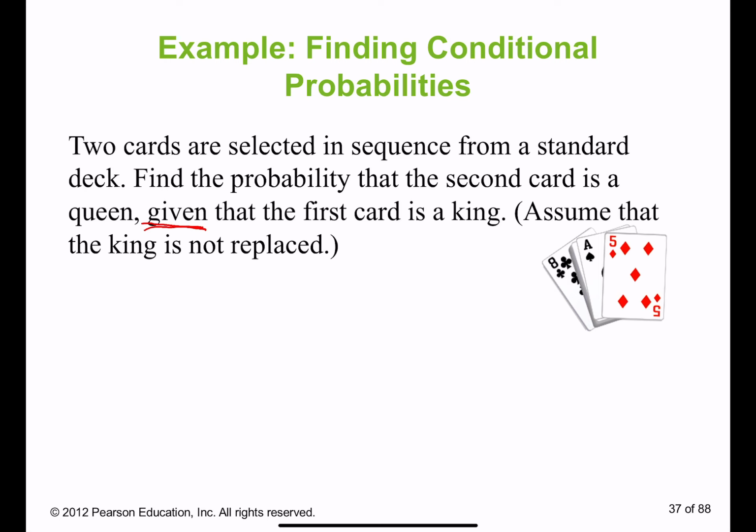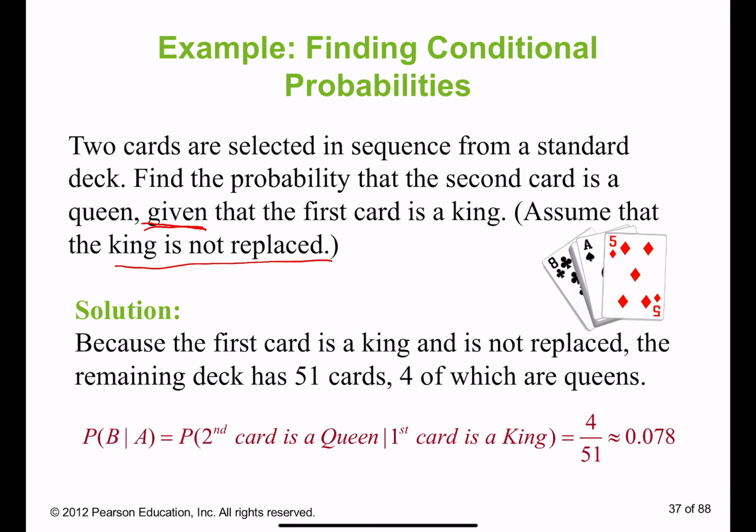So what we are going to do, we know that the first card is a king, right? And it says the king is not replaced. First of all, what is the probability of the king? There are a total of 4 kings in the entire deck. So the probability for the king is going to be 4 out of 52.